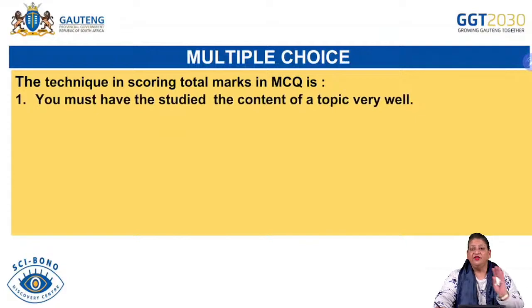In other words, if you know the content of the topic, remember what are the topics in paper 1? Yes, it is the human eye, the human ear, the brain, the spinal cord, right? That's the nervous system, or we call it responding to the environment.